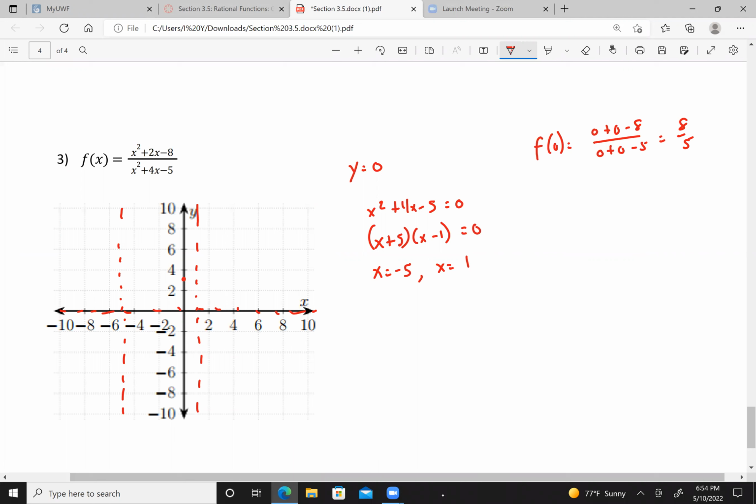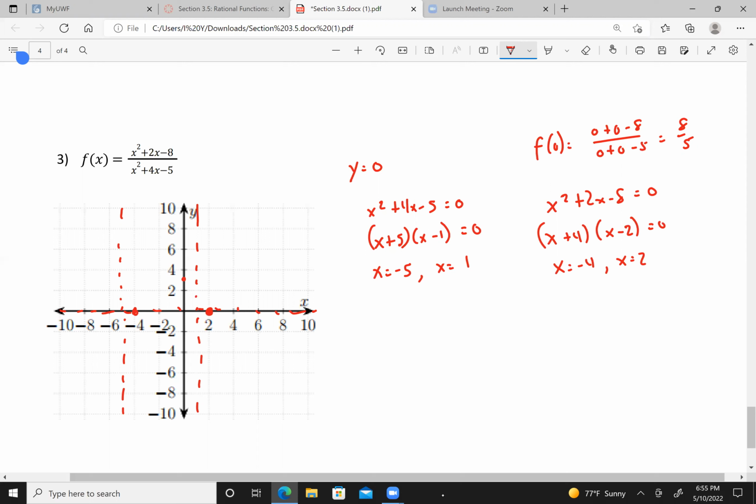Then we set our numerator equal to 0. This factors to x plus 4, x minus 2. So x equals -4, x equals 2. So I have one here, I have one here.